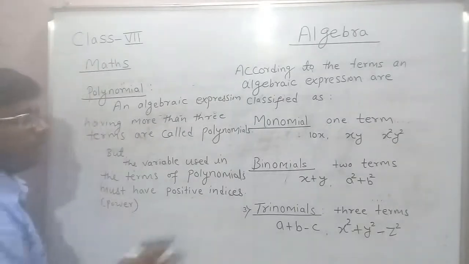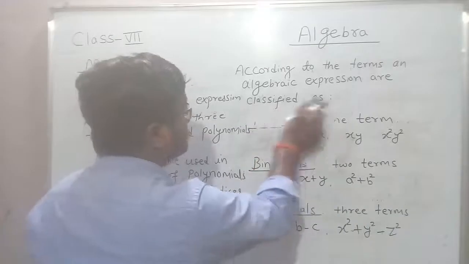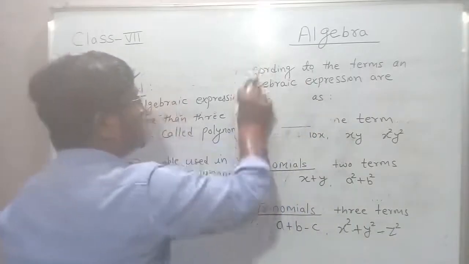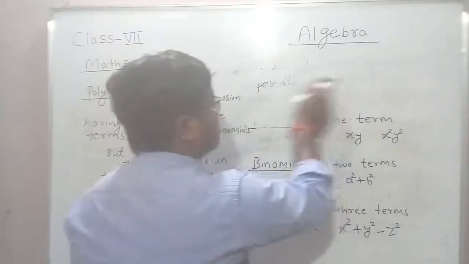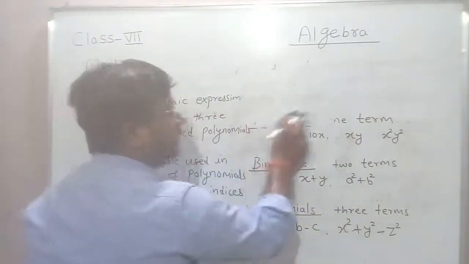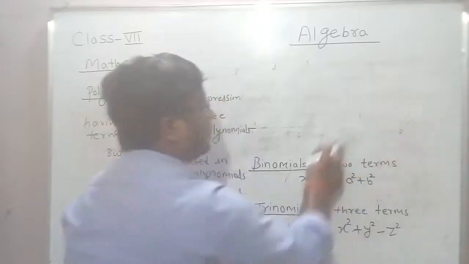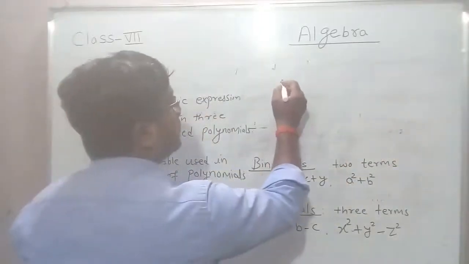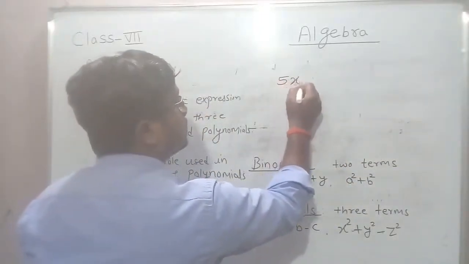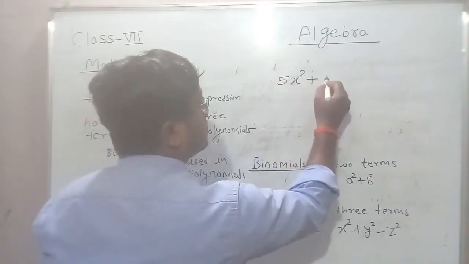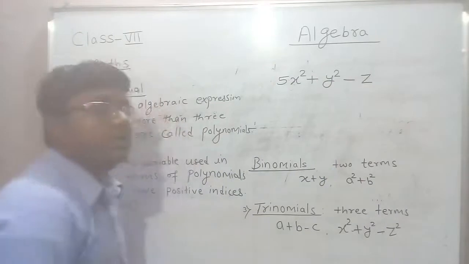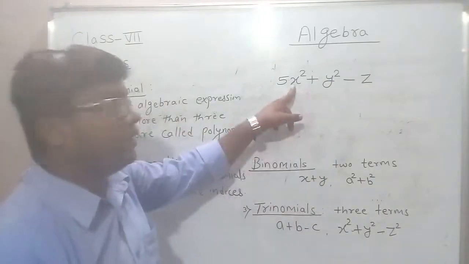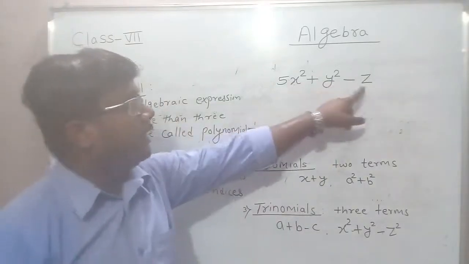For example, if I say here 5x square plus y square minus z cube. The variables used here are x, y and z.